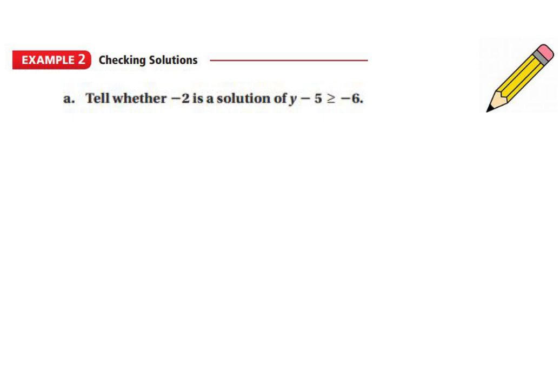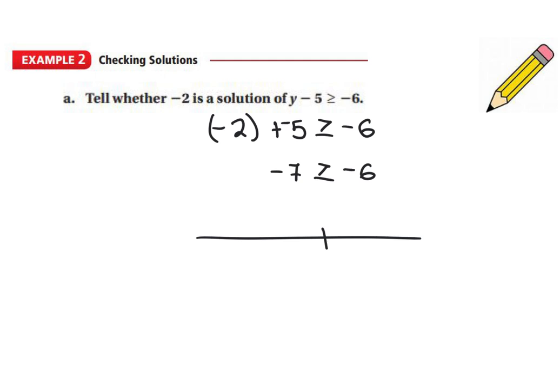Tell whether negative 2 is a solution of y minus 5 is greater than or equal to negative 6. So this requires substitution. Negative 2 minus 5 is greater than or equal to negative 6. Negative 2 minus 5, that's negative 7, so negative 7 is greater than or equal to negative 6.